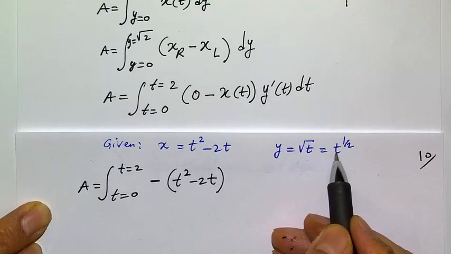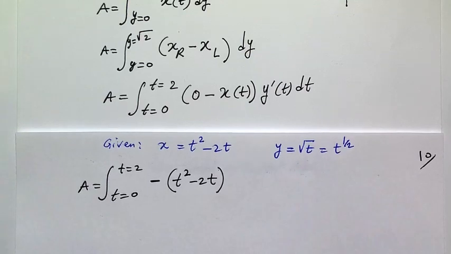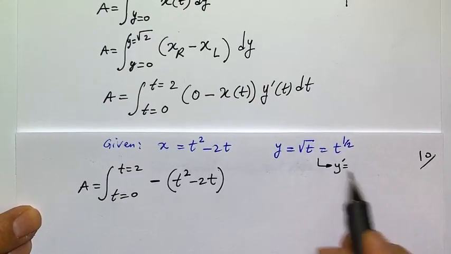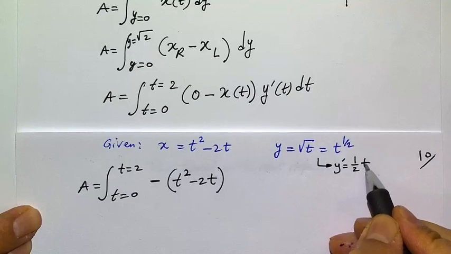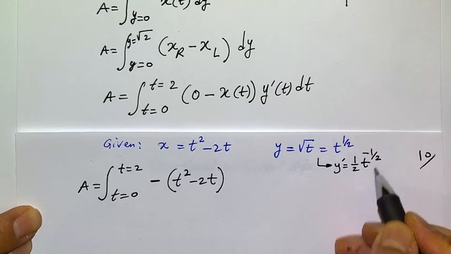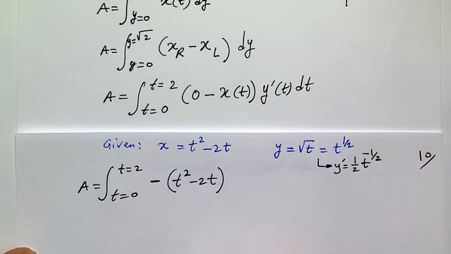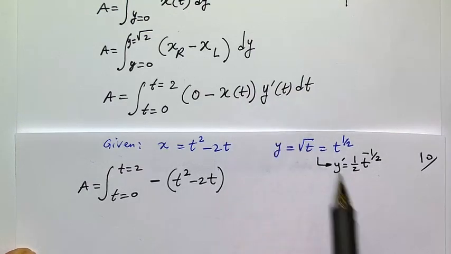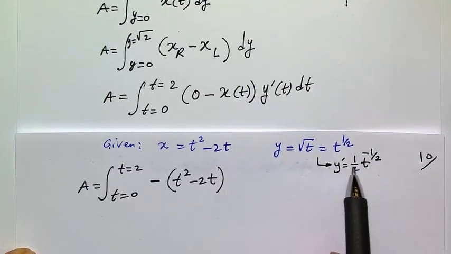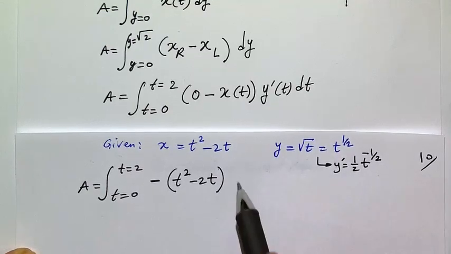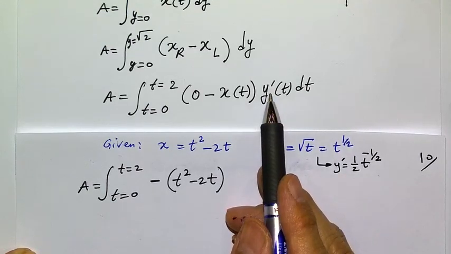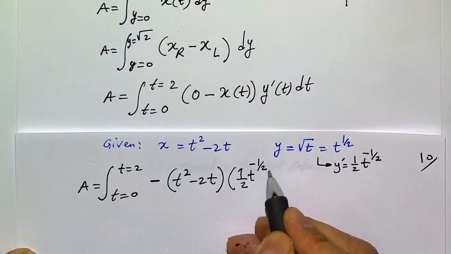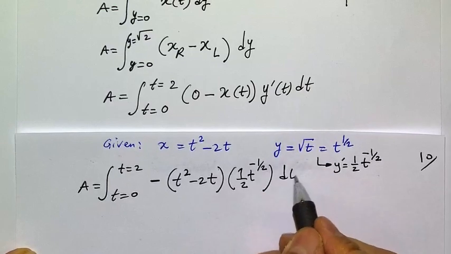So y prime would be equal to 1/2 times t to the minus 1/2 power. That's y prime t, the derivative of y with respect to t, which is what we did here. So this quantity gets plugged in here: 1/2 times t to the negative 1/2 power, and of course dt.